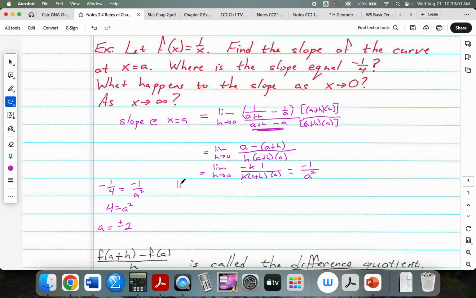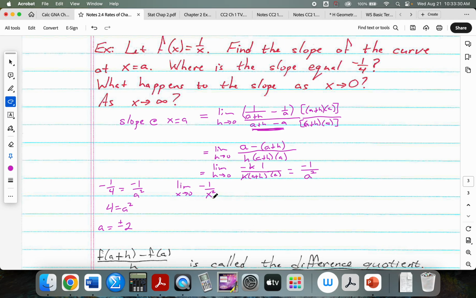So what is the limit as x goes to 0 of negative 1 over x squared? Well, the numerator is always going to be negative. Denominator is always going to be positive. So if I get a signed answer, it's got to be negative.